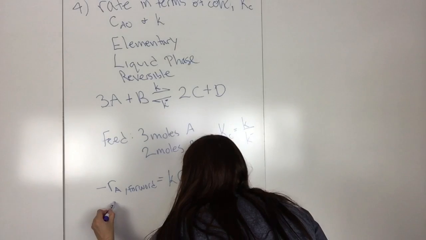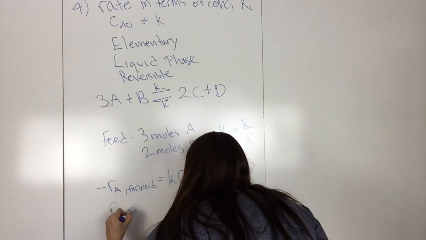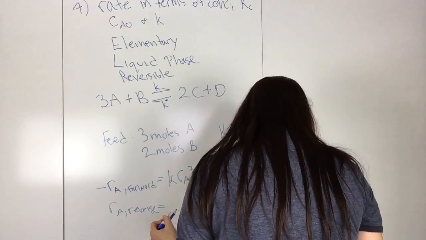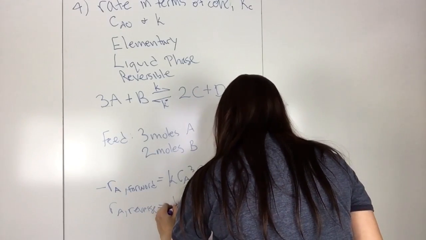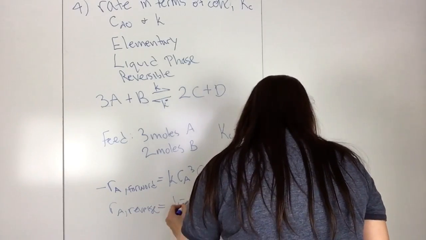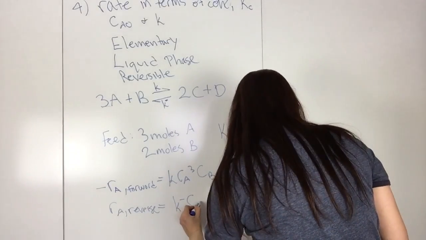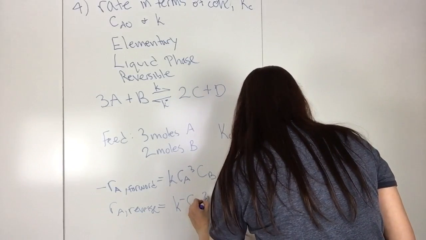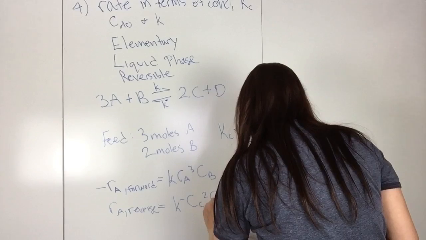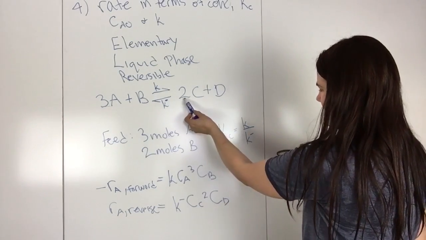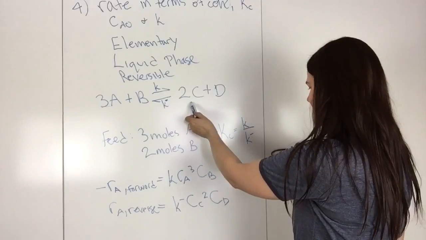So RA reverse is equal to k minus, for this one, CC squared CD. And once again, this is squared because the stoichiometric coefficient here is 2.